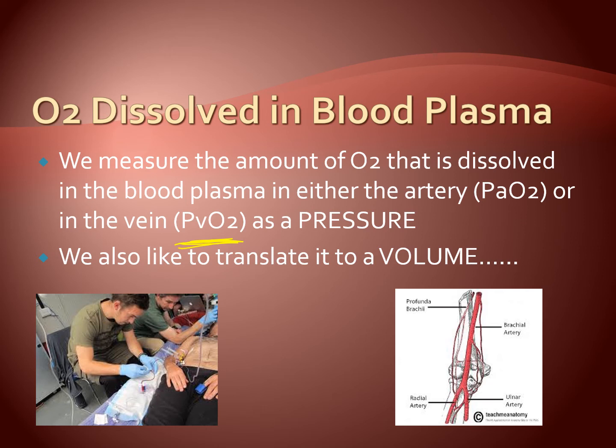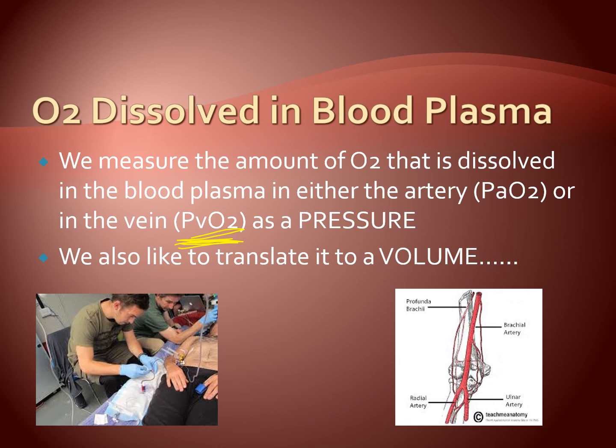Because that tells us more about the whole body's metabolic process, the whole body's consumption of oxygen, the whole body's production of CO2, the whole body's pH after the oxygen's been used. So just so you know, the PVO2 that we're talking about here is drawn from a big site, a central line or a Swan-Ganz, also known as a balloon-tipped flow-directed catheter.